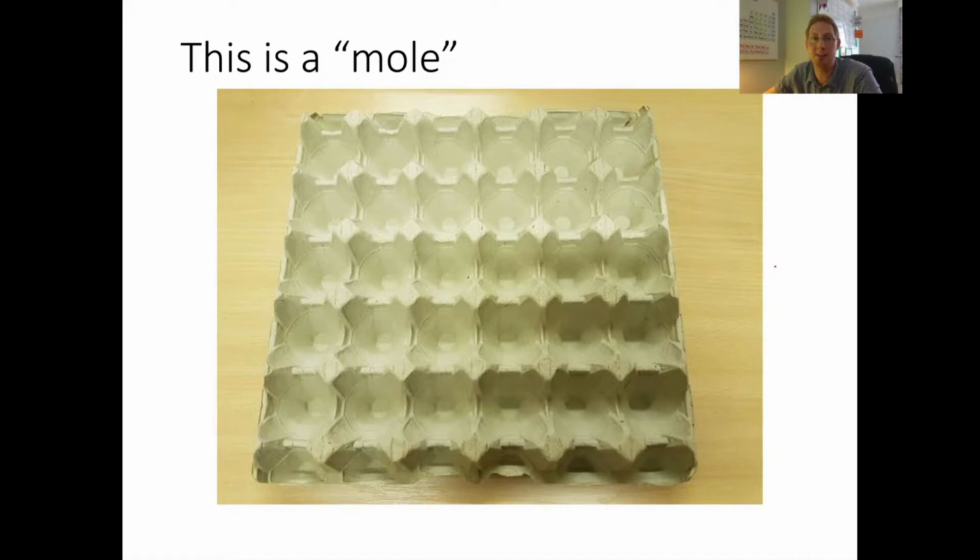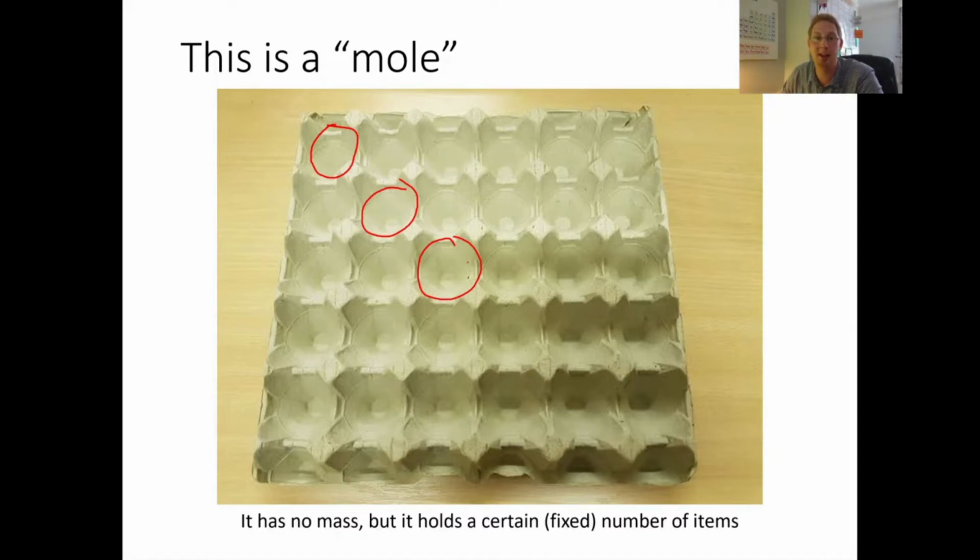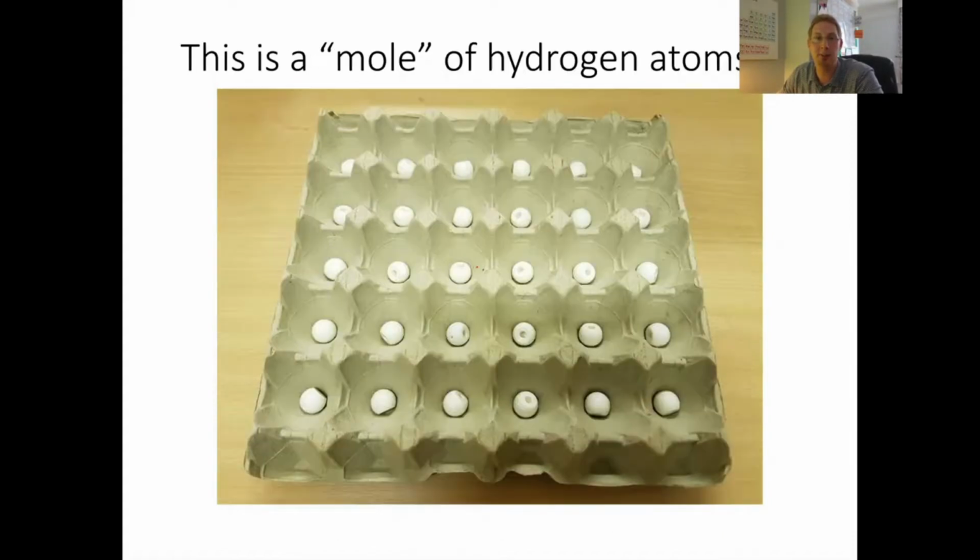To me, this is a mole. It doesn't weigh anything, but what it does have is a certain number of slots into which you can put something, and the number of gaps is always the same. It weighs nothing, but it holds a fixed number of items.